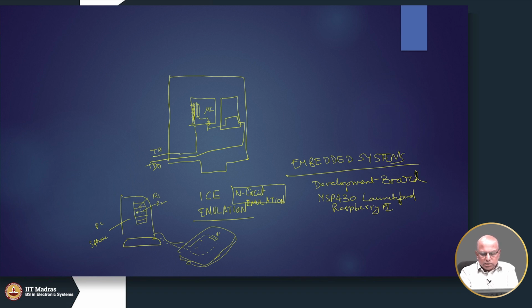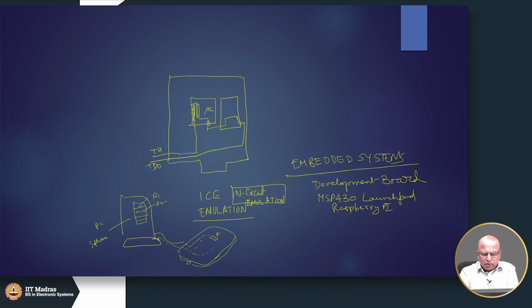So the JTAG is helping in accessing whatever is in R2 and bringing it back to the PC, and the PC displays the value on the screen. So it appears to the programmer that he has full access to R2.